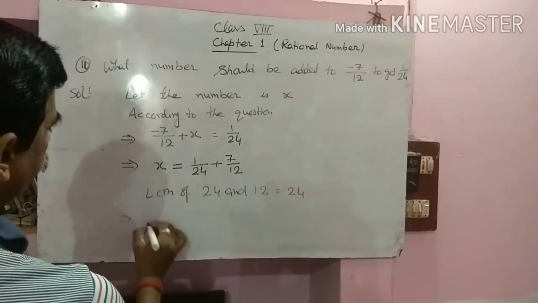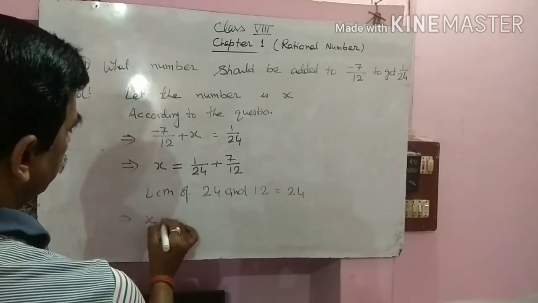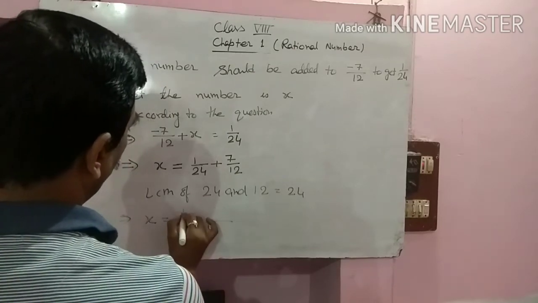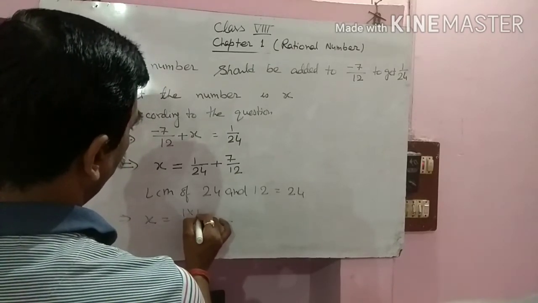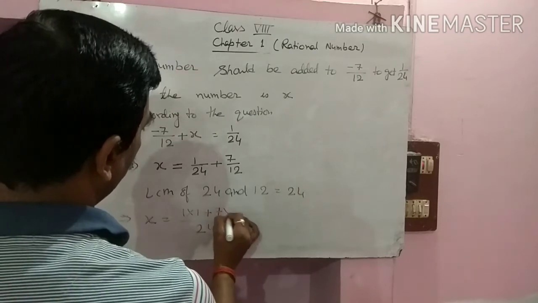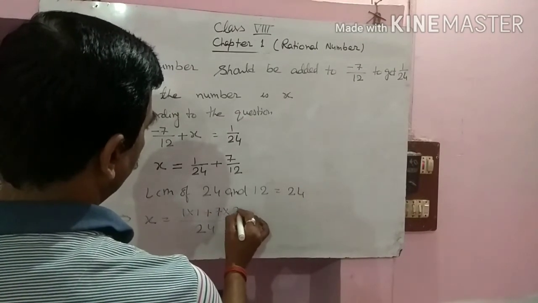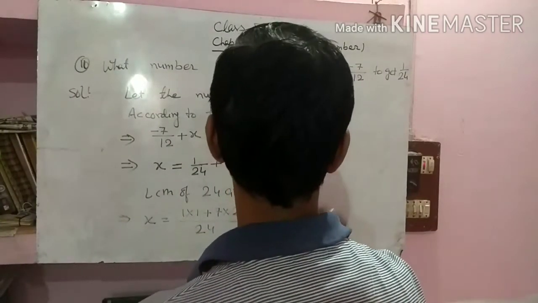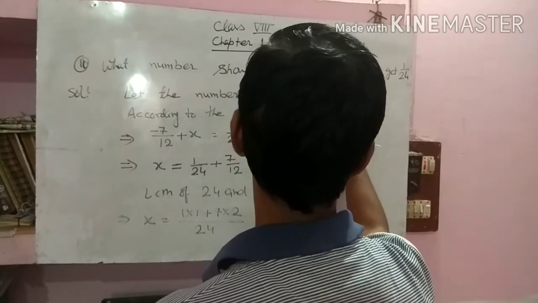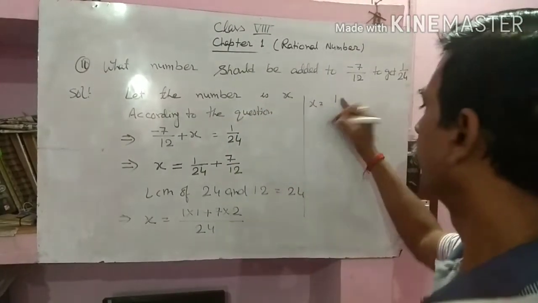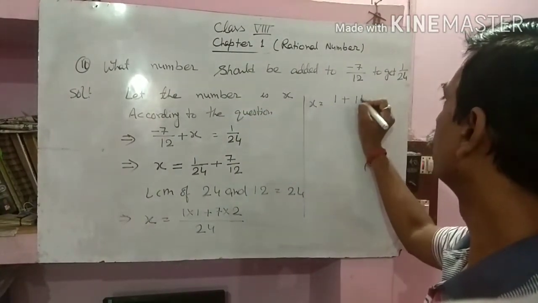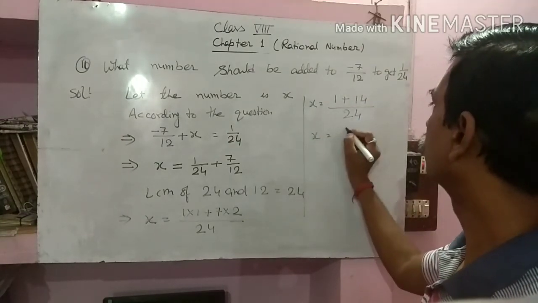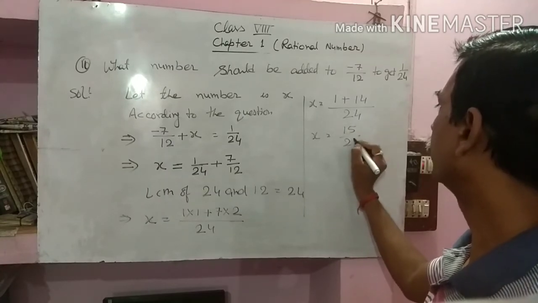So x is equal to 1 into 24 1s is 24 plus 7 into 12 2s is 24. What do we get? x is equal to 1 into 1 becomes 1 plus 7 into 2 becomes 14 by 24. So x is equal to 15 by 24.